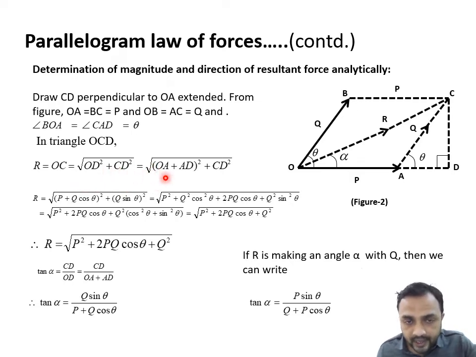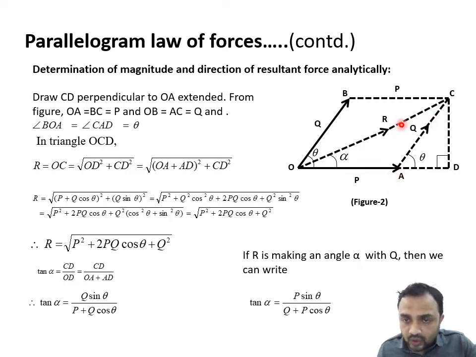What is OA? You see in the figure, OA is equal to P. What is AD? AD is equal to Q cos theta. How did we get AD equal to Q cos theta? We know that if this is theta, then sin theta equals P by H, and cos theta equals B by H. B is AD and H is AC.